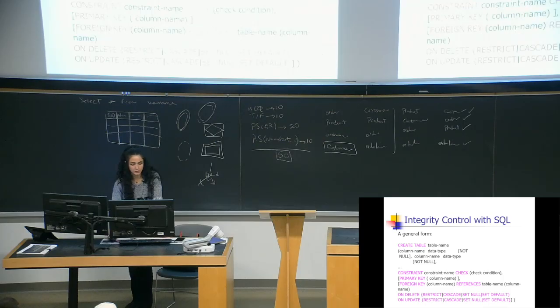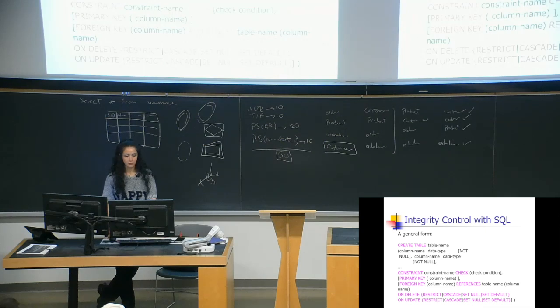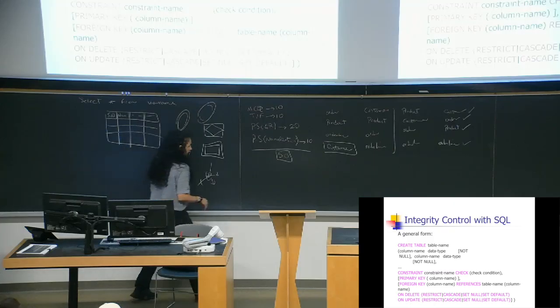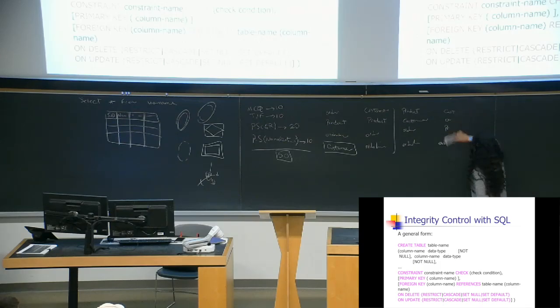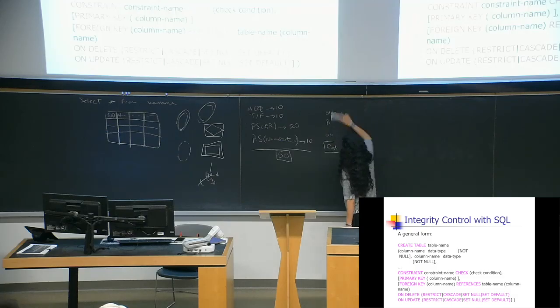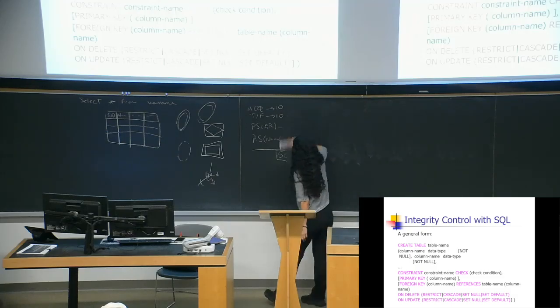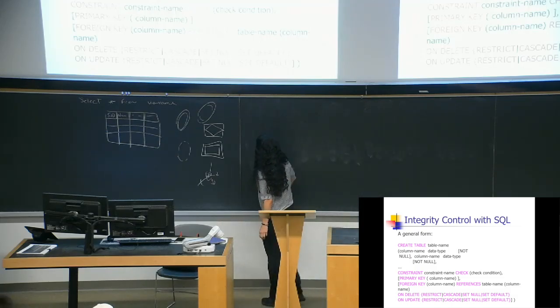That means those define the different options that we have here. So on delete and update, we can have restrict, we can have cascade, we can have set null, and we can have default. These are the options that we have. If we have, let's say, cascade, it means it just cascades whatever changes we did to the other table.